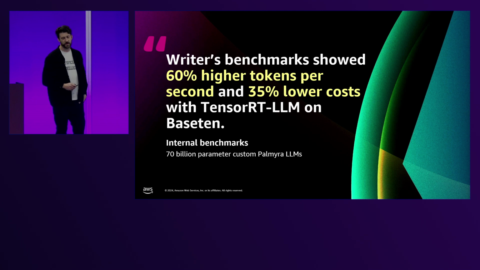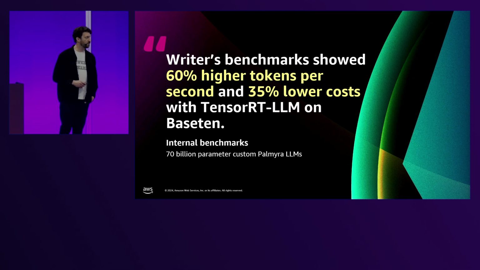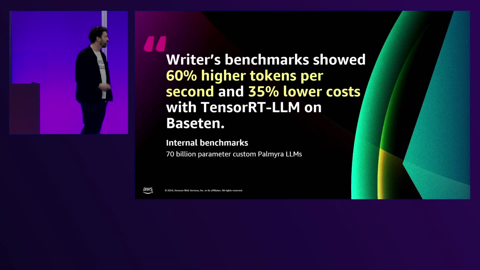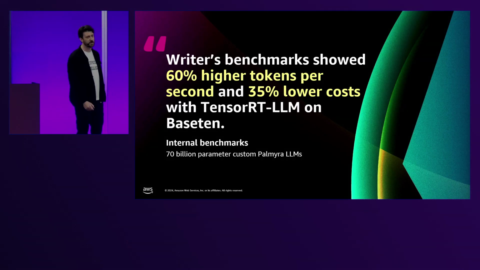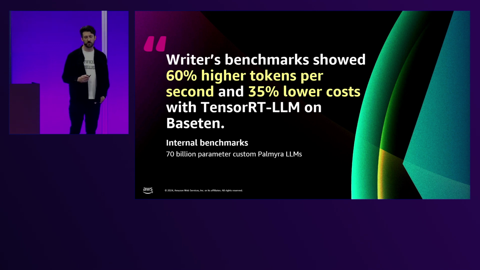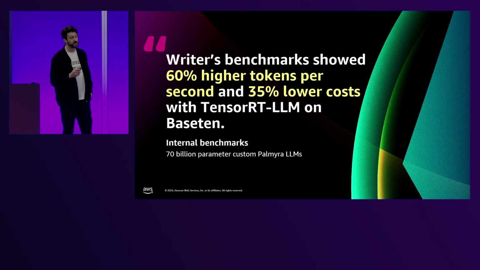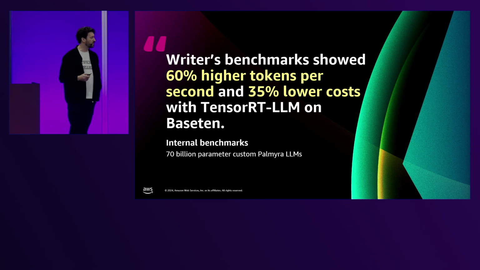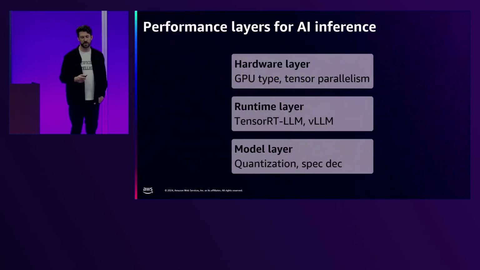We paired up with their team to help improve various benchmarks for their models, showing 60% higher tokens per second, while also reducing the cost by 35%. This is a result of our teams working closely together, both Ryder's engineering team and Baseten's inference platform, as well as our model performance teams and expertise.